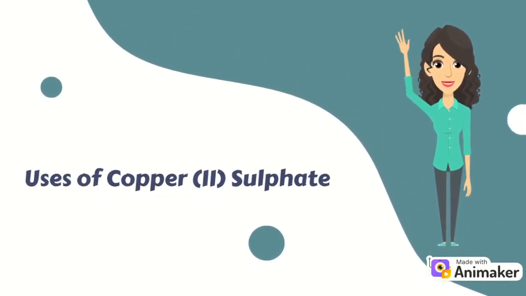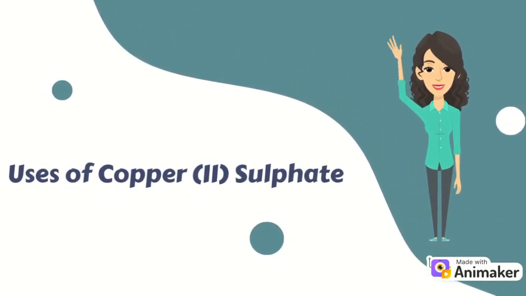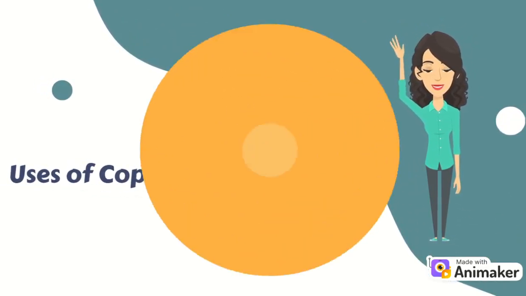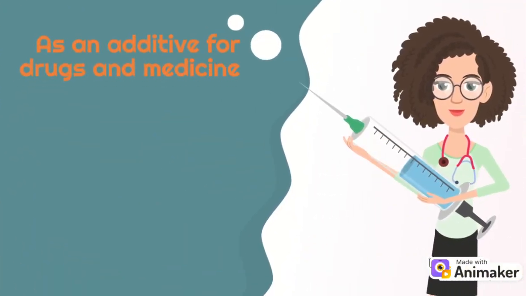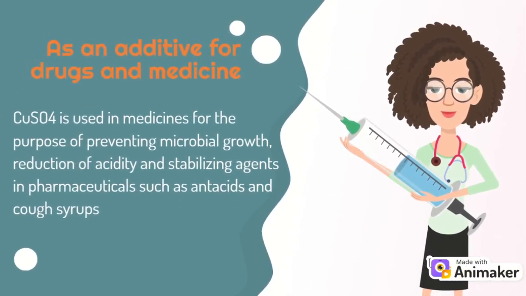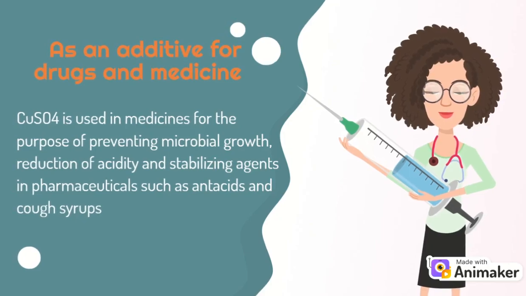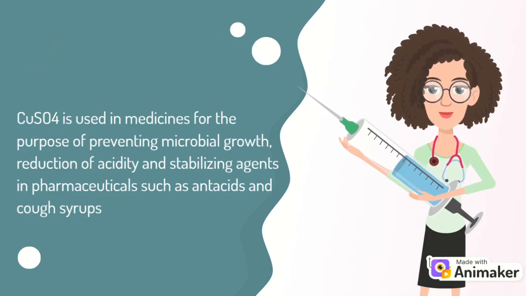There are a few uses of copper-2 sulfate. Firstly, as an additive for drugs and medicine, copper-2 sulfate is used in medicine for the purpose of preventing microbial growth, reduction of acidity, and stabilizing agents in pharmaceuticals such as antacids and cough syrups.